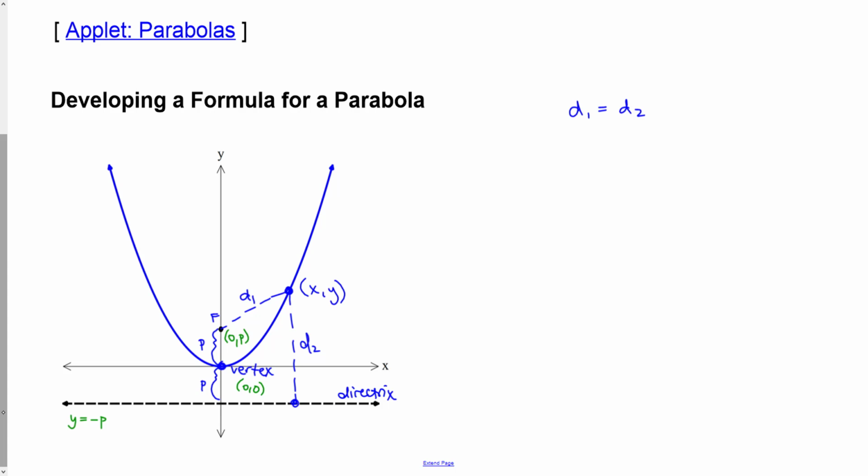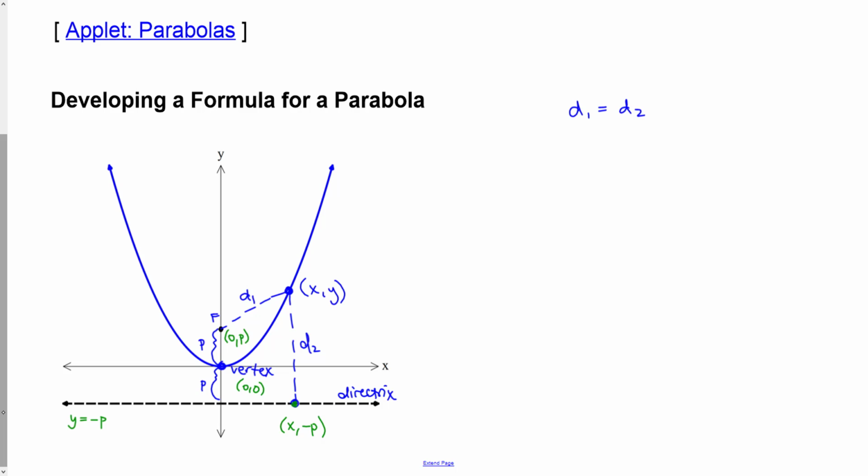And the next thing that I know is this point right here on the directrix, that point right there is a distance over x, and it's on the directrix, so its y value is still negative p. So that locates all the points that I need to work with.